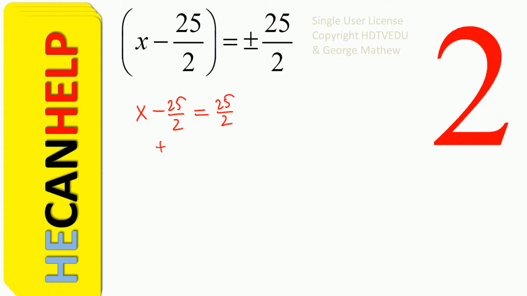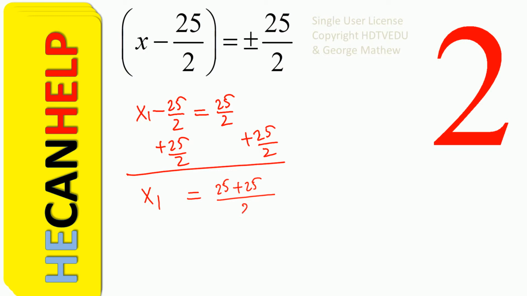Add 25 over 2 to both sides. So we get, let's call this x1. And x1 is equal to 25 over 2 plus 25 over 2, which is 25 plus 25 divided by 2. And that is 50 divided by 2, and that is 25. Let's go for the blue solution.